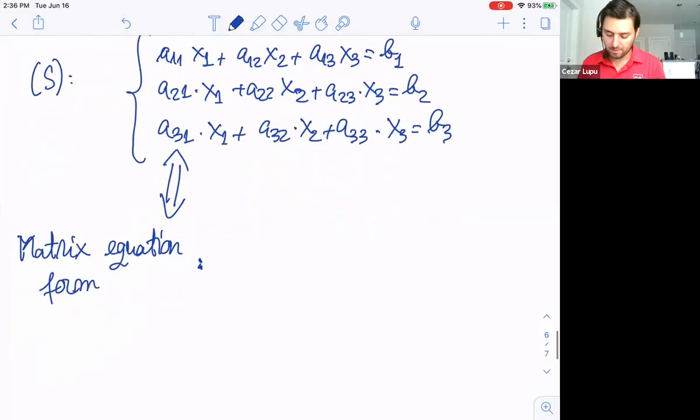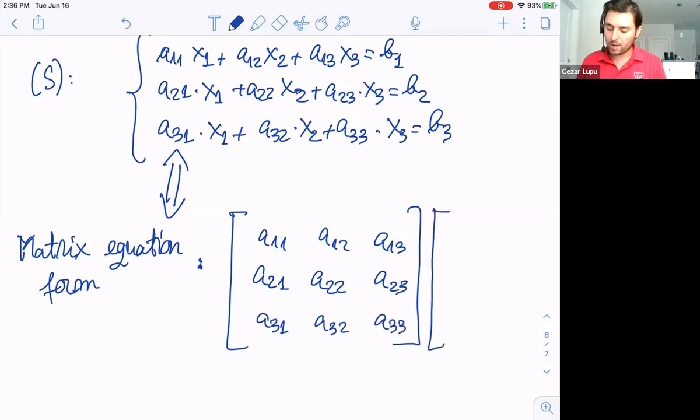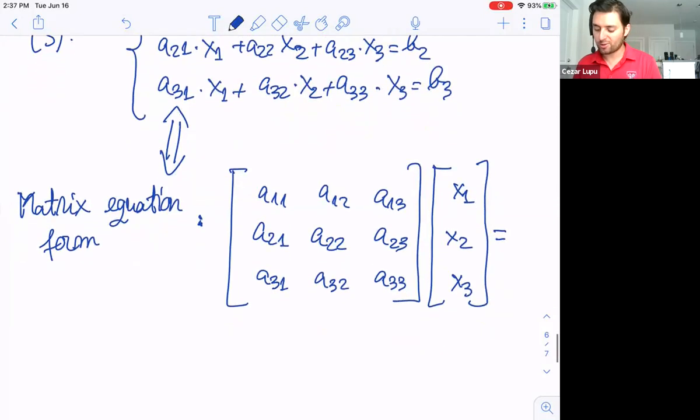Very, very simple. This will be the matrix A11, A12, A13, A21, A22, A23, and the last row. And now we're going to multiply this by x1, x2, x3, and this will be equal to B1, B2, B3.